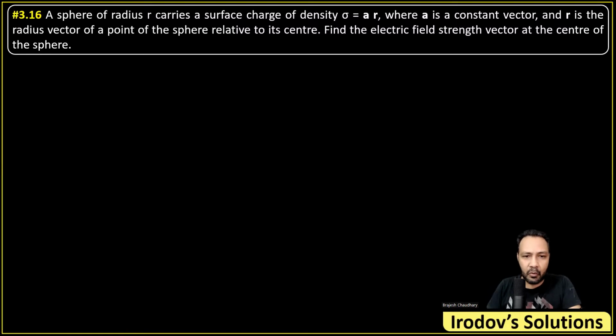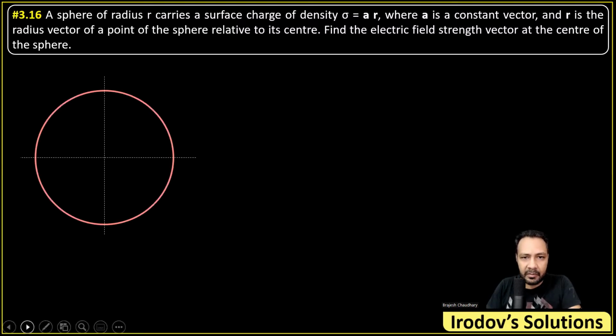So let's go ahead. Here is the sphere of radius r, and a is a constant vector. Let me make any direction for the constant vector. Suppose I have drawn vector a like that, and let's take some general position, and its position vector is r.